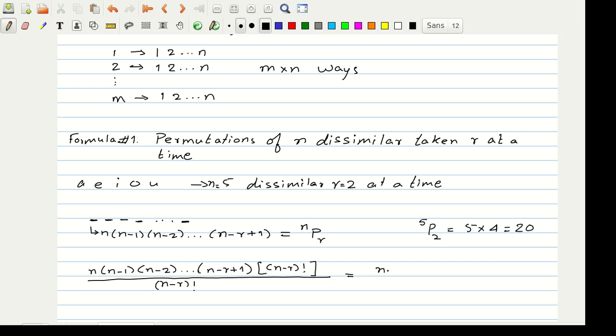So this becomes n factorial divided by n minus r factorial.